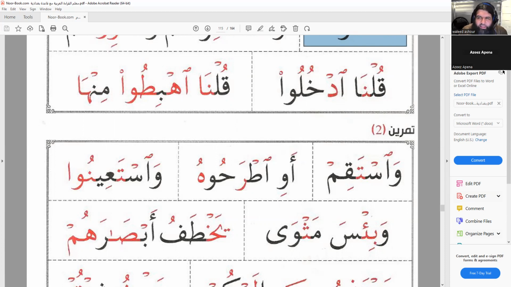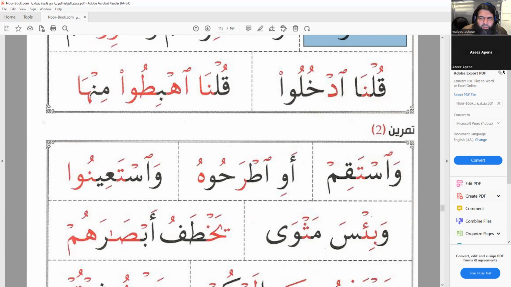But if we connect these two words, we're going to say قلنا ادخلوا. We're going to drop the hamzatul wasl because we're connecting it to the word before. قلنا ادخلوا. You see it?